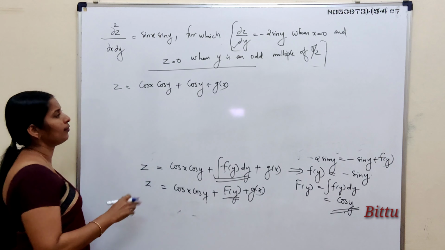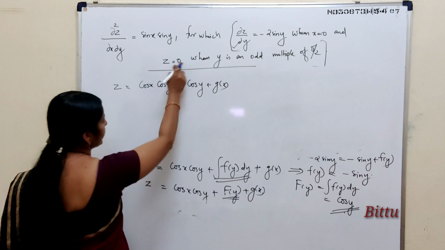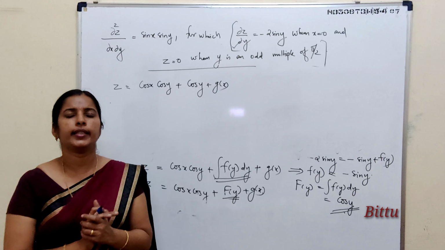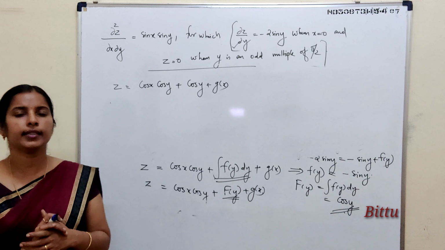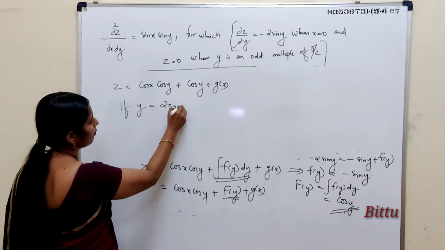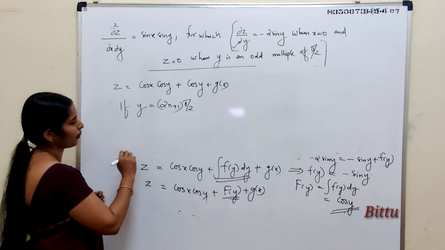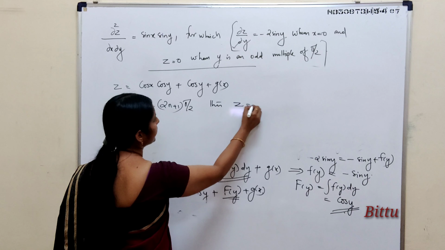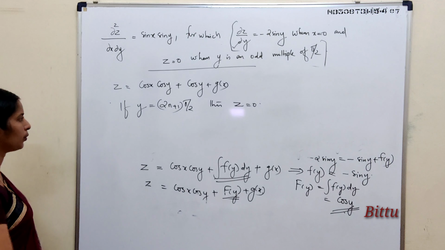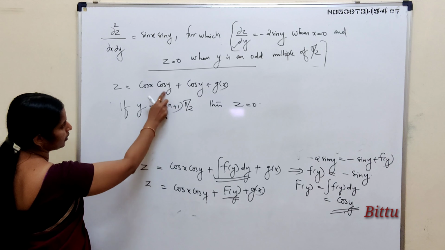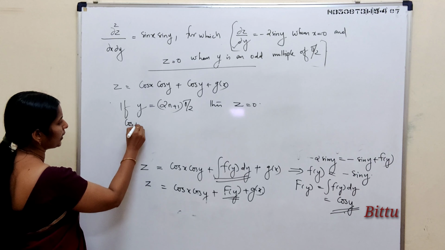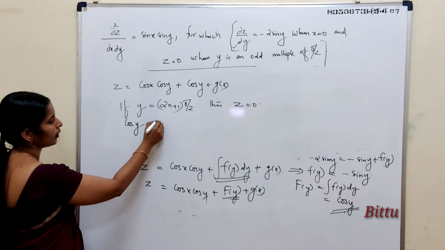Next we apply the next condition for getting g of x. The next condition is when y is an odd multiple of pi by 2, z is 0. That is, if y is an odd multiple, that is (2n plus 1) pi by 2, then z equal to 0. So in this you put y equal to (2n plus 1) pi by 2. What is cos y? Cos y is 0.